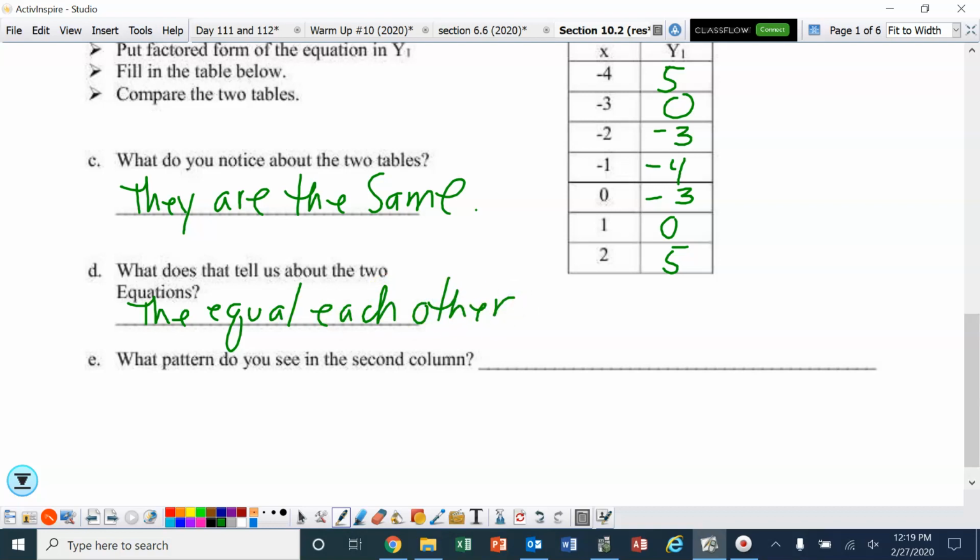What pattern do you see in the second column? This is a little bit lengthy what I'm going to write here. So what do I notice? I notice the top and bottom match.